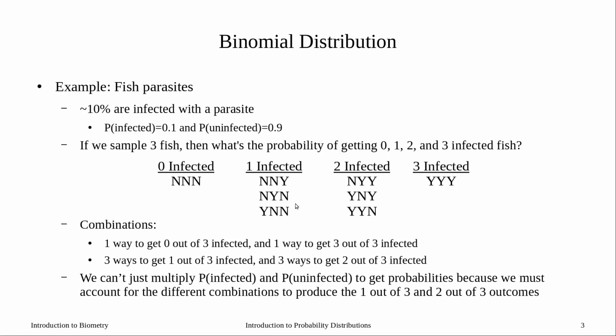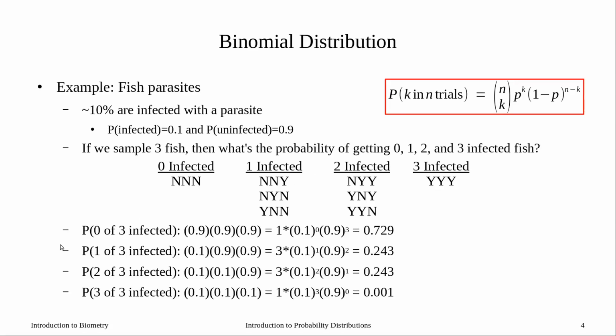So what you can see is that there is only one way to get 0 infected fish, and there's only one way of getting 3 infected fish. But we had 3 different ways that we could generate 1 infected fish, and we had 3 ways in which we can generate 2 infected fish. We have to account for this when we calculate our probabilities.